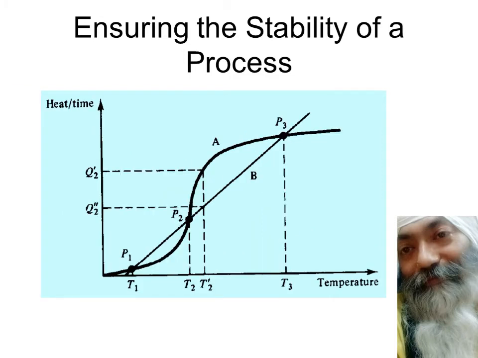Now, what is happening in this case? There are two things which are happening. Number one, if we see the amount of heat which is absorbed by the coolant and the amount of heat which is released due to the reaction, these are two different things.